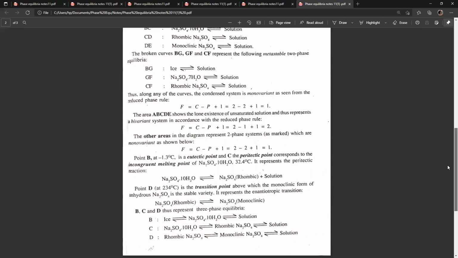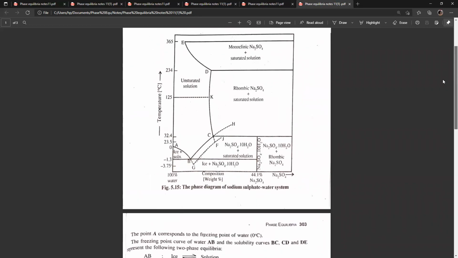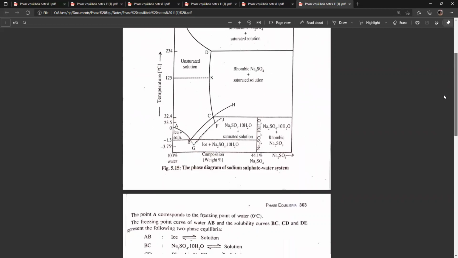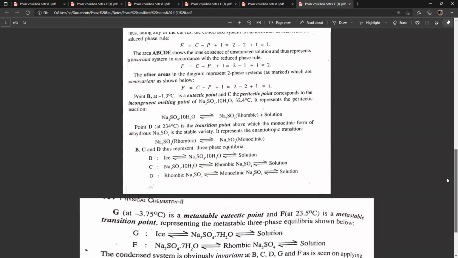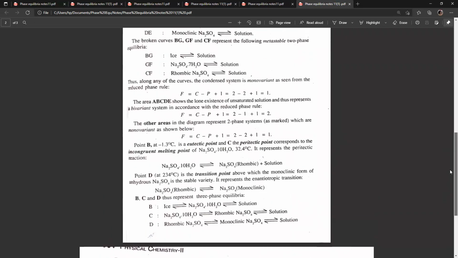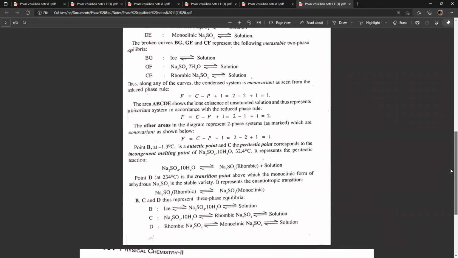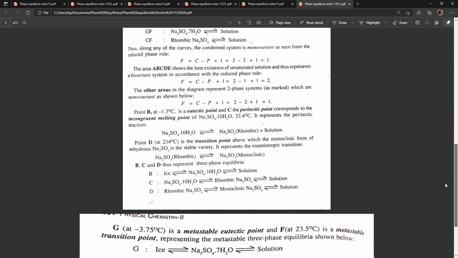Then point D is the transition point of rhombic sodium sulfate to monoclinic sodium sulfate. So the phases in equilibrium are rhombic sodium sulfate, monoclinic sodium sulfate and the solution.